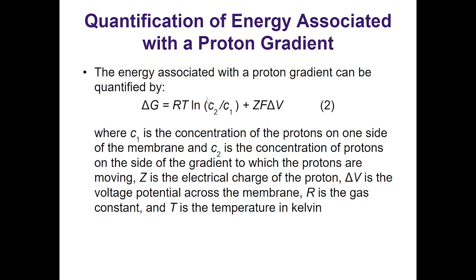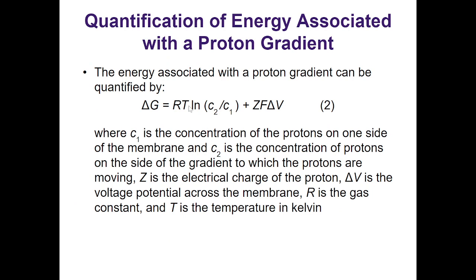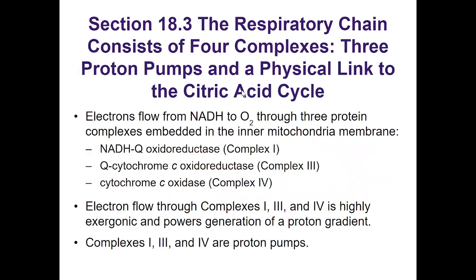By the way, did you guys notice that this is straight up the Nernst equation, just rearranged? That's all it is. And T is the temperature in Kelvin. Did you guys recognize this? Yeah, this would have been delta G naught plus RT natural log of the concentration, the reaction quotient usually. It's just a rearrangement.